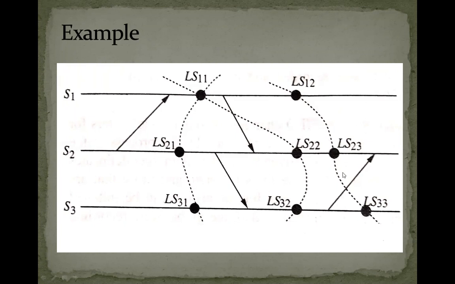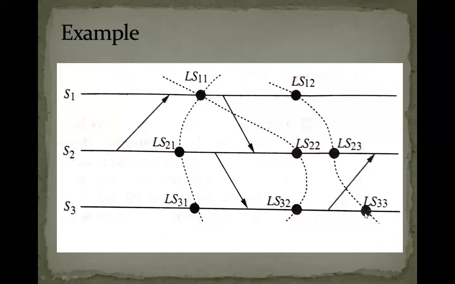Let us check about this. At this moment of time, in process S1, one message has been received and one message has been sent. Here a message has been sent and a message has been received.